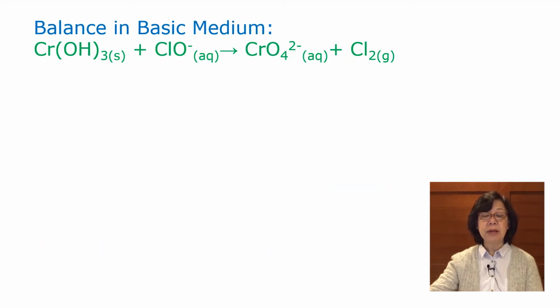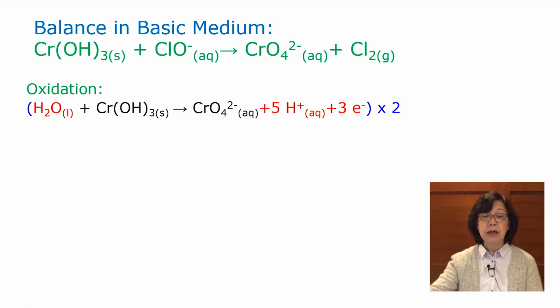Now let's try another equation in which we balance it in a basic medium. We have chromium 3 hydroxide solid and the hypochlorite ion to form the chromate 2- ion and chlorine gas. So first, in the oxidation half reaction, we start out with the chromium 3 hydroxide, which is oxidized into the chromate ion 2-.